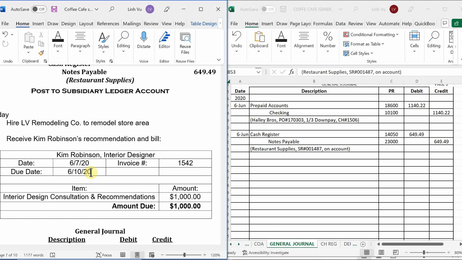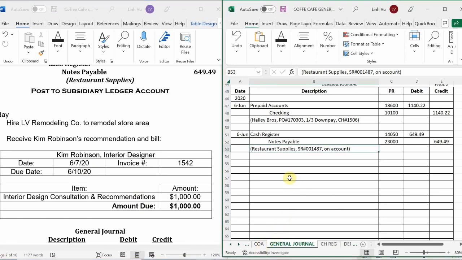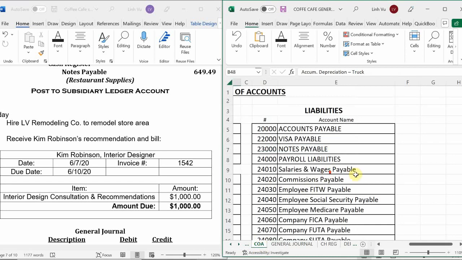But here's what you're choosing to do: you're choosing to pay later. If you're choosing to pay later, what are you creating? An accounts payable. You're creating a liability, which is an accounts payable. Because it's due in how many days?